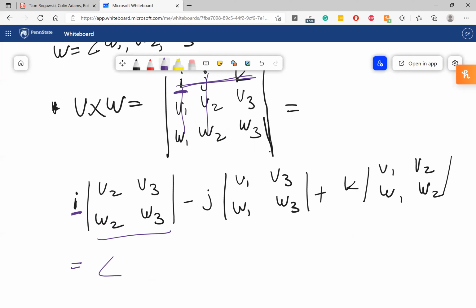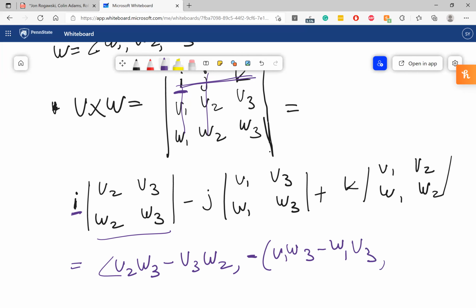In the I component, you get v2, w3, minus v3, w2. In the next component, you get negative v1, w3, minus w1, v3. And in the third component, you get v1, w2, minus w1, v2.